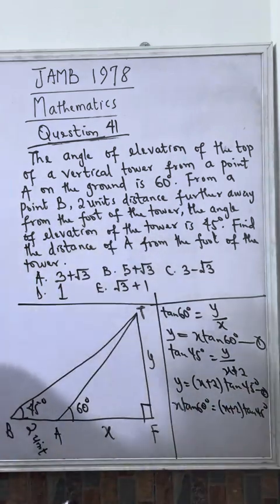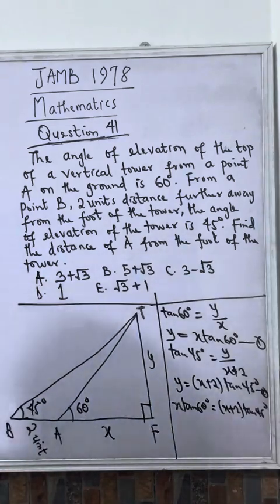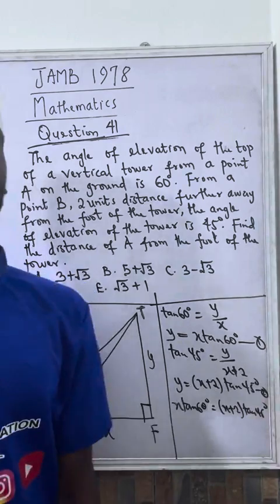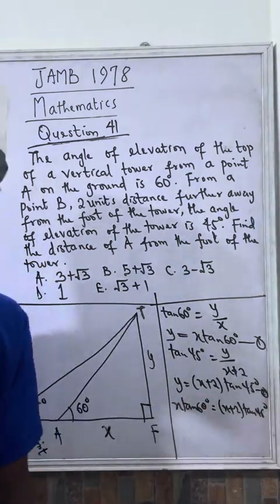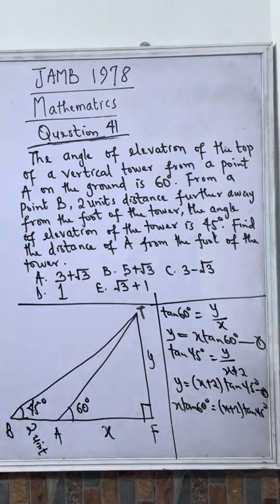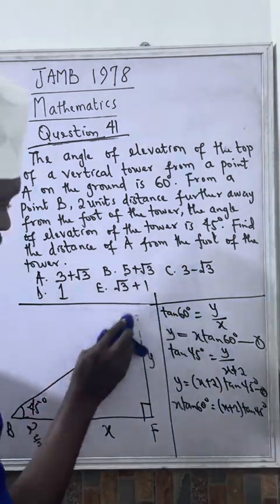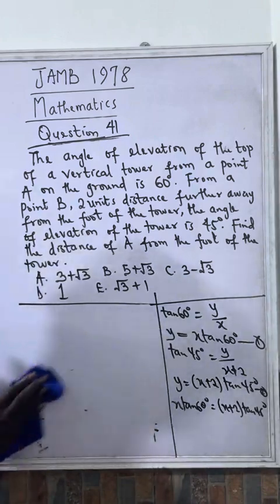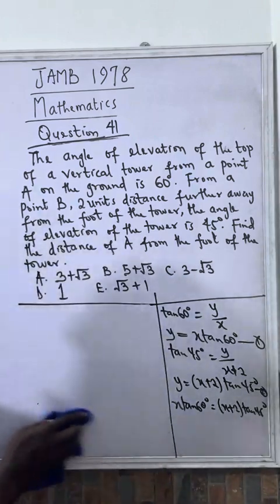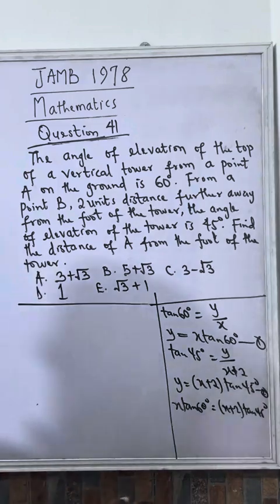Very good. So from here, recall the value of tan 60 from what you already know, because tan 60 is a special angle. Let me clear this so that I can have more space here. Tan 60 is a special angle, and that is root 3 over 1.